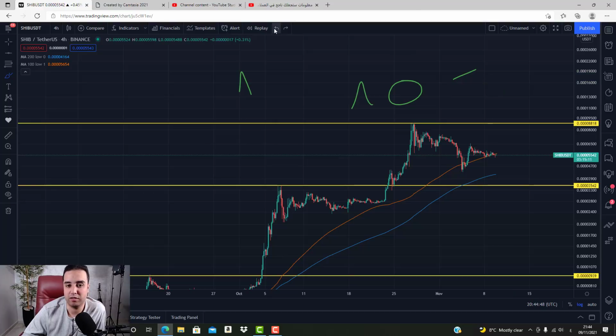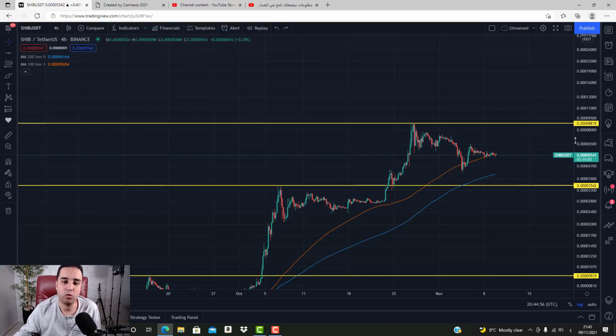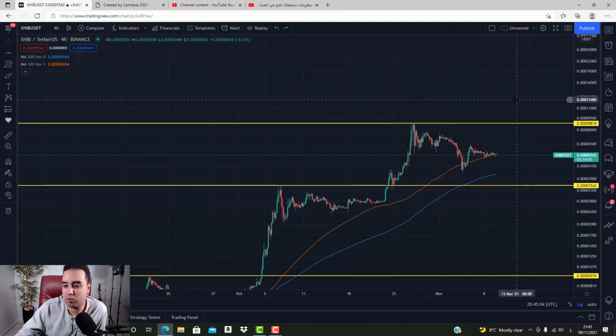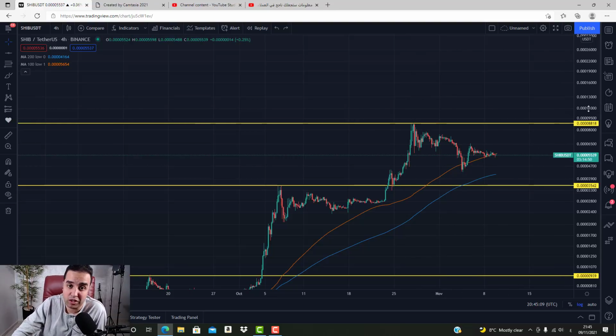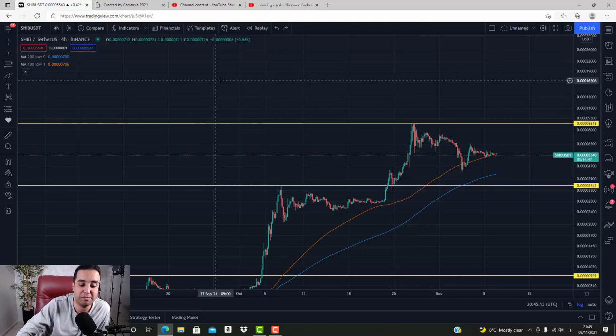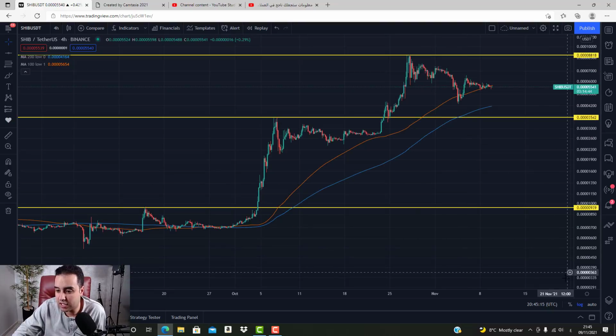The human brain uses these numbers frequently, so the algorithm knows that you will set your targets at 0.0001. So what they simply do is get their money out before these numbers are achieved. Many people were waiting for 0.0001. Then what happens? We had a dump before this number. Make sure, guys, to avoid this kind of number.